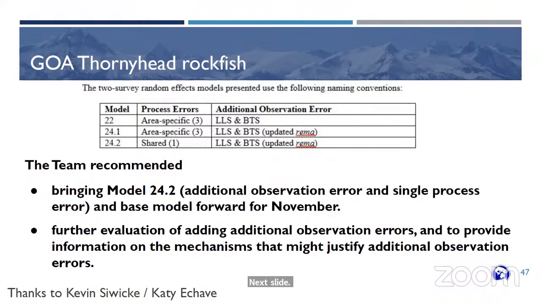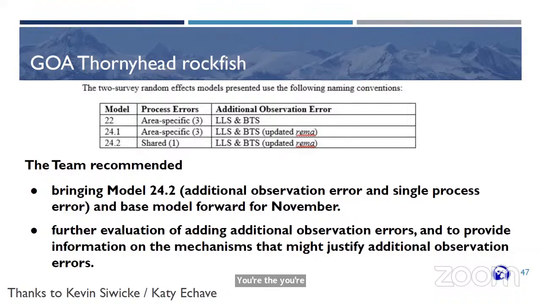Okay, we have a question here, Sherry. Hey, Jim. Just a couple questions on that second bullet. So the further evaluation of adding observation errors, were these the additional observation errors that are labeled in the table above, or were they additional observation errors? Oh, good question. I'm not sure I know the answer. Okay. Phone a friend. You're the chair. I've got another one, so we can move on to that.